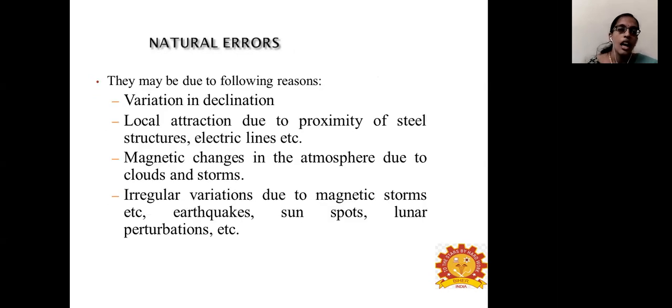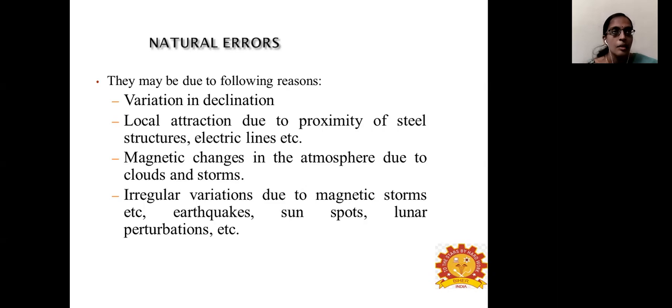Okay, and there may be slight variation due to natural error. Natural error may be due to the following reasons: variation in declination and local attraction. There may be certain steel structures present.